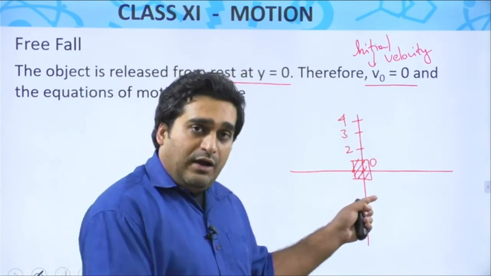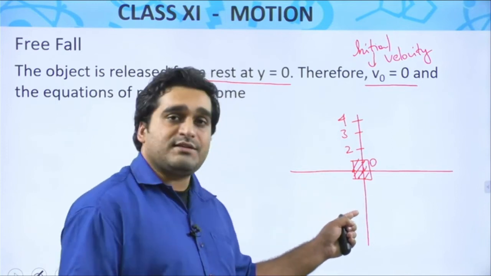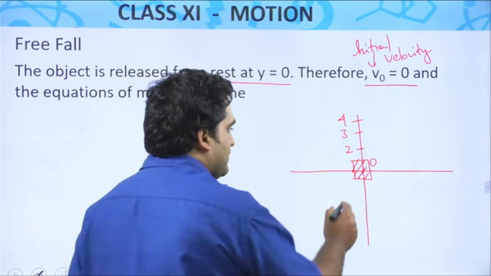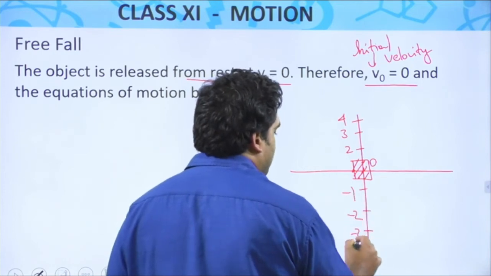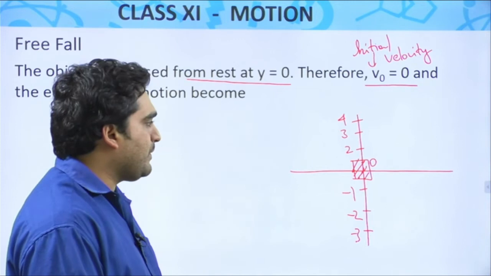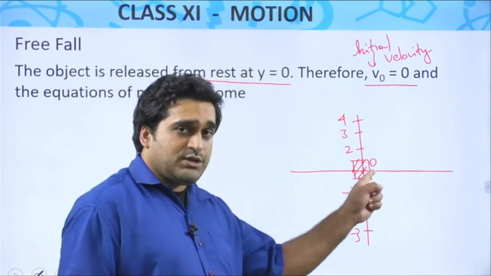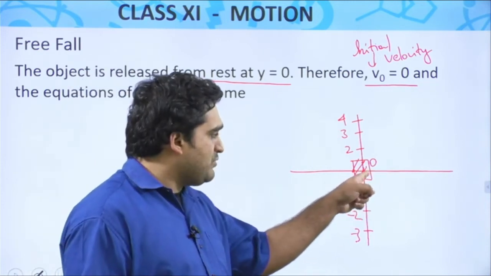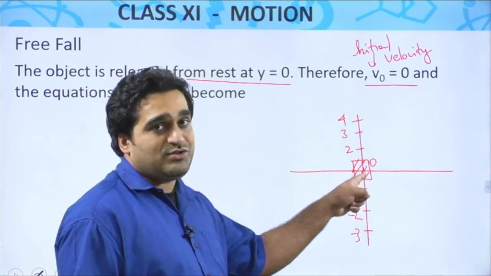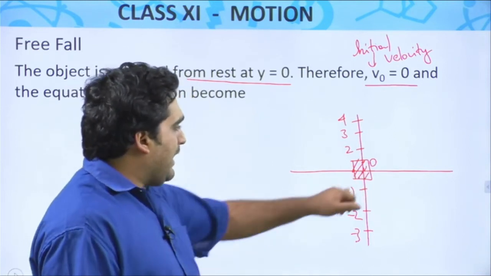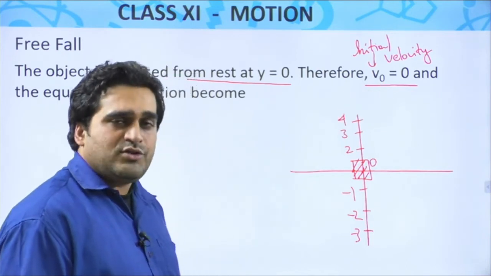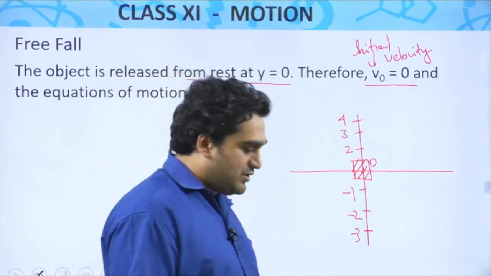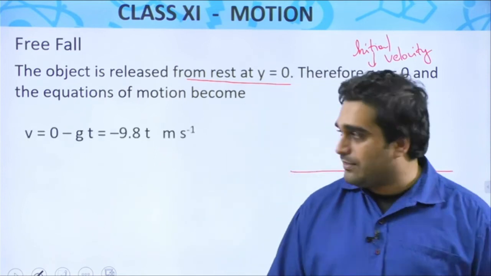As you travel downwards from 0, you get the set of all negative integers: -1, -2, -3, -4 and so on. So now this object is released at a position y equals 0. At this point, initial velocity is 0. So what happens to the equations of motion? Let's take a look at it.